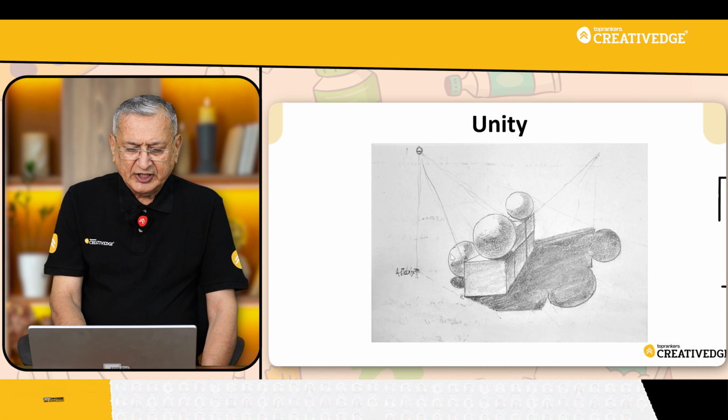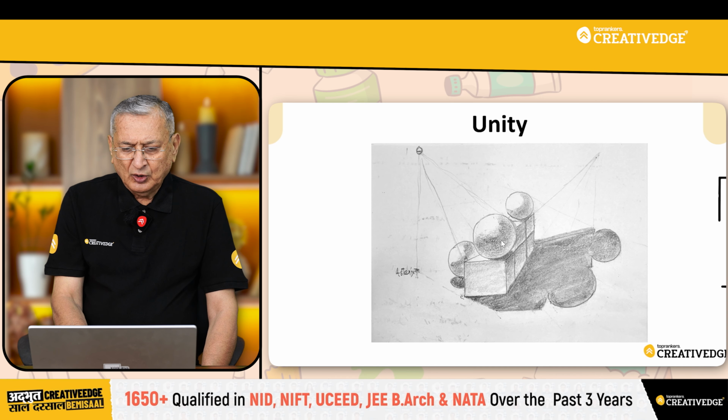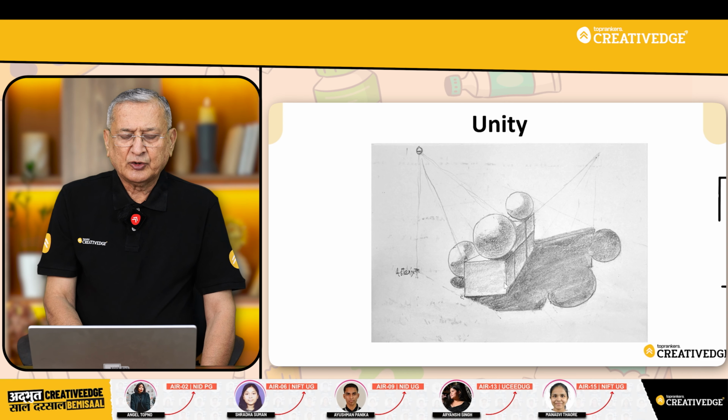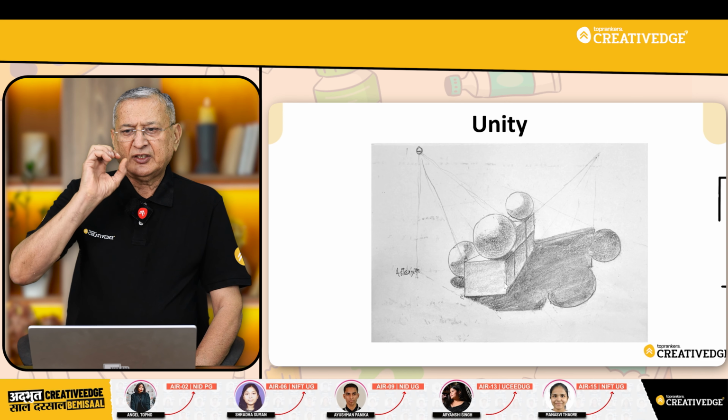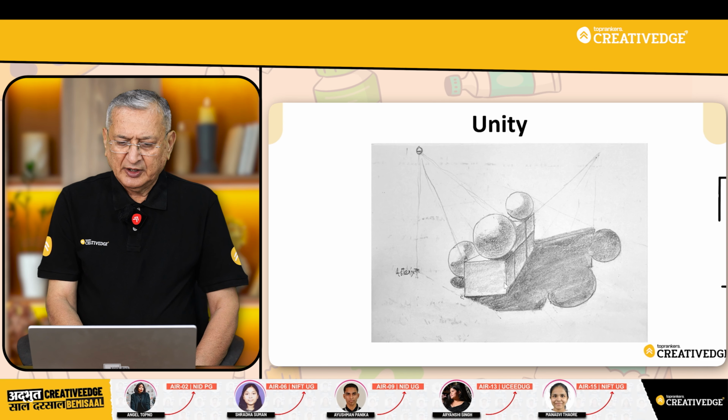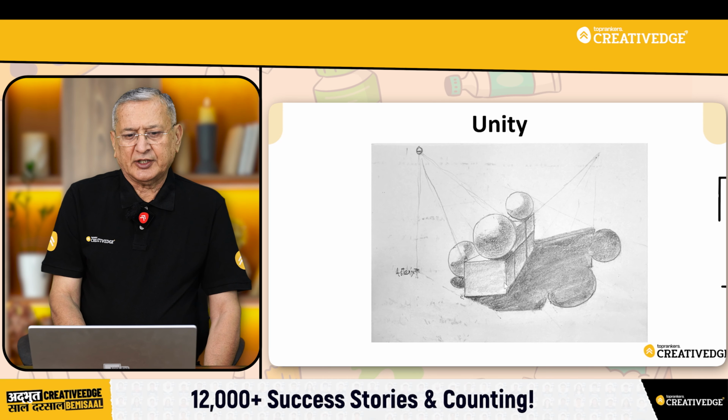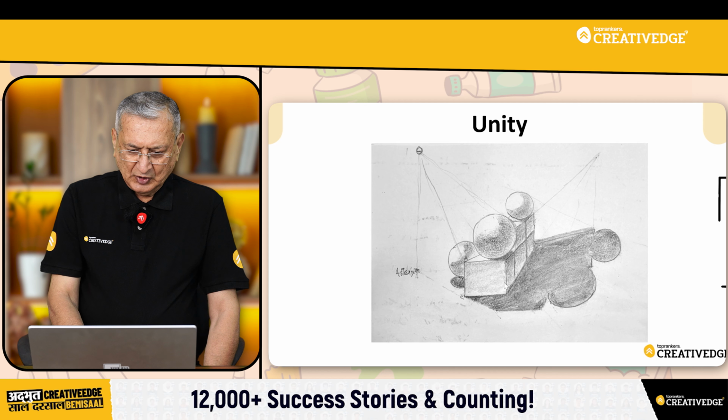So what these three circular objects show? Unity. Even the cuboid arranged this way show the unity. See friends, whenever there is a uniform arrangement, it depicts unity. And of course, there is asymmetrical balance.